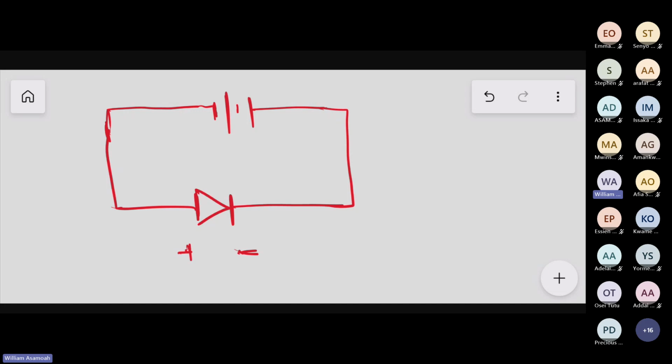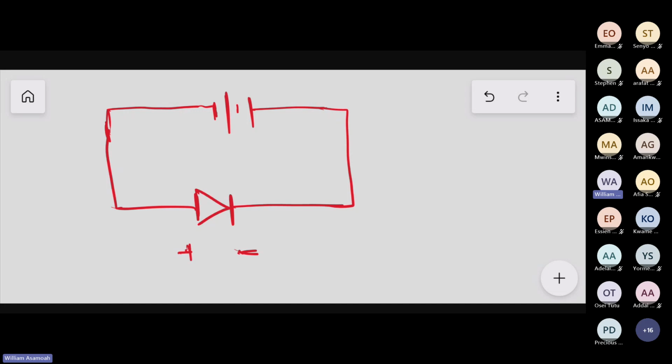Why will it conduct? Someone said no. Why won't it conduct? This is reverse biased, because it's not forward biased.